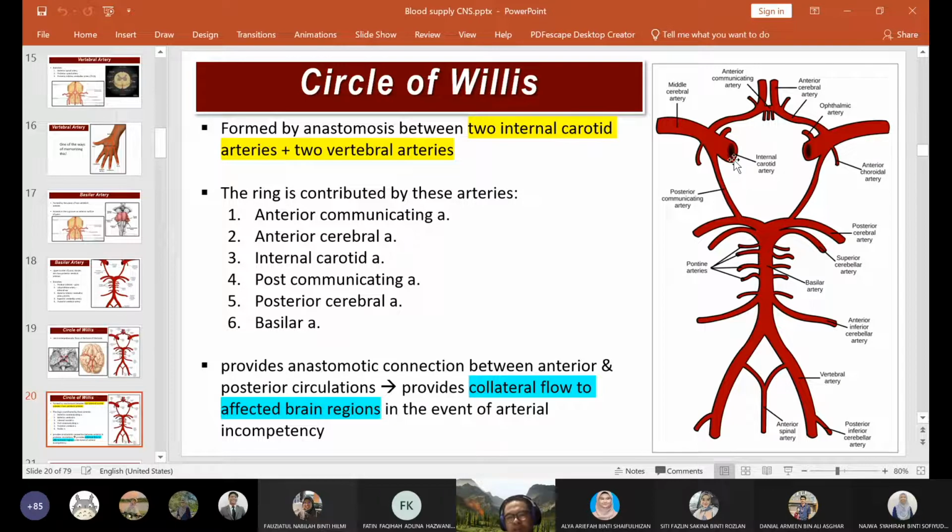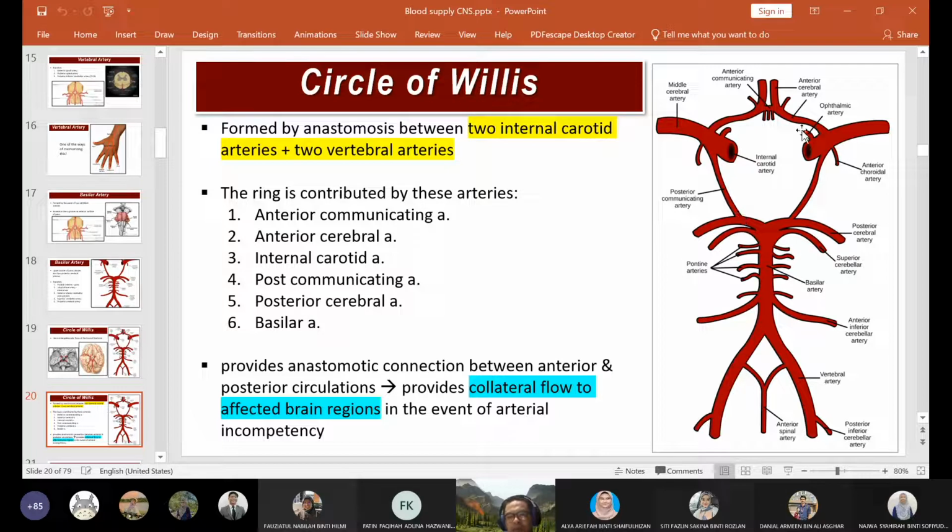So you have the internal carotid here and you have a vertebral artery here. So the vertebral arteries form the basilar and then it has the posterior cerebral, kan. And then the internal carotid, kita ada middle cerebral dengan anterior cerebral artery. And then one of the branches of the internal carotid is also the posterior communicating artery.